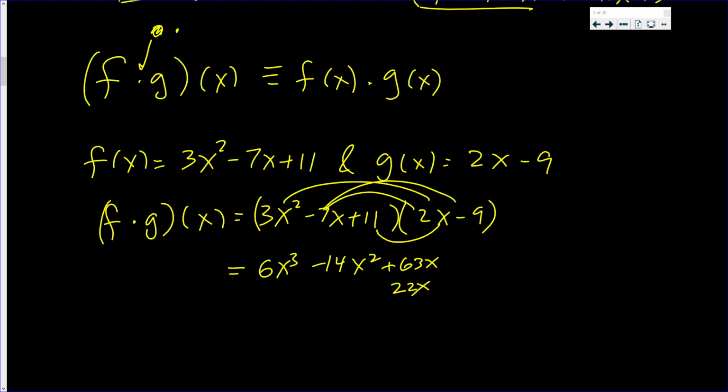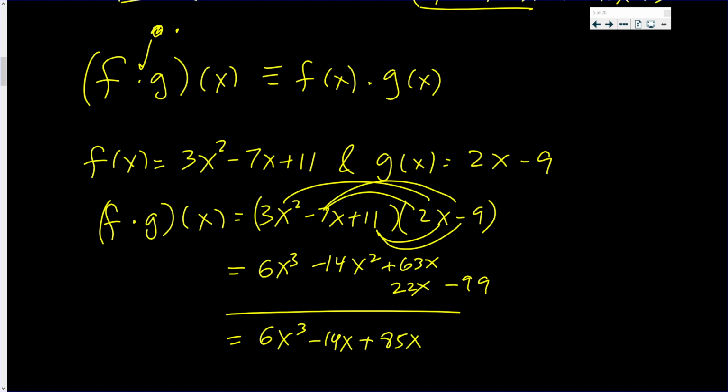I'll put them under the other x's, minus 99. 6x cubed minus 14x squared plus 85x minus 99.